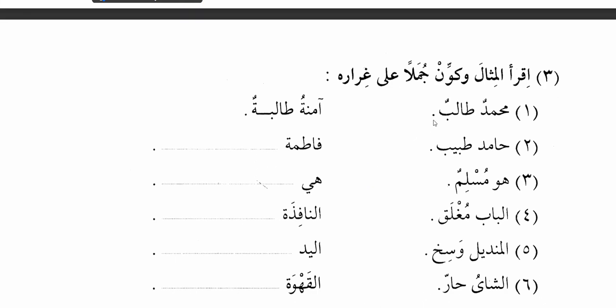Then اقرأ المثال, question number 3. اقرأ المثال. First read the examples. وكون means to make the jumla sentences. على غرارها means the blank spaces here. So let's see the first example here. محمد طالب.